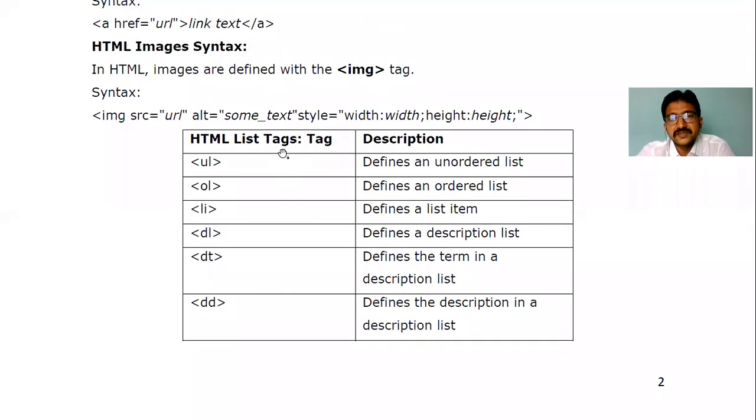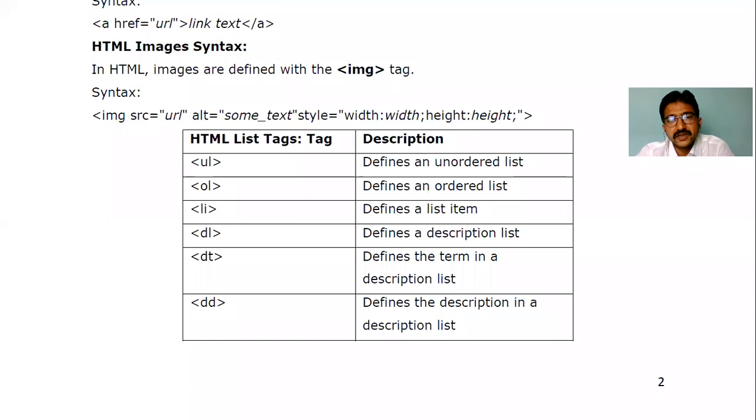For list tags, when you want to display a list of items, you can use ul and ol. We will discuss the details later. Under unordered list and ordered list, li is for list items. Unordered list is when we require bullets, stars or hyphens.